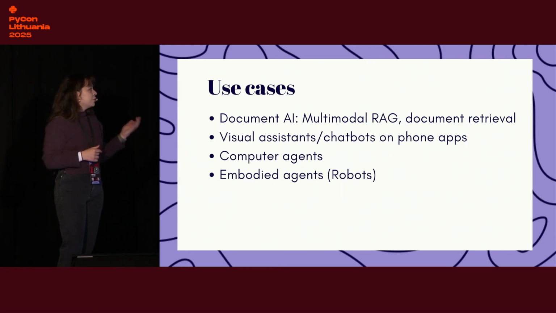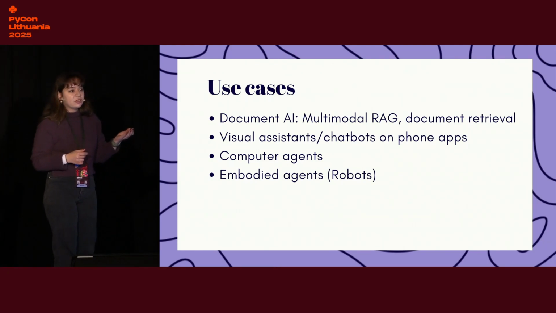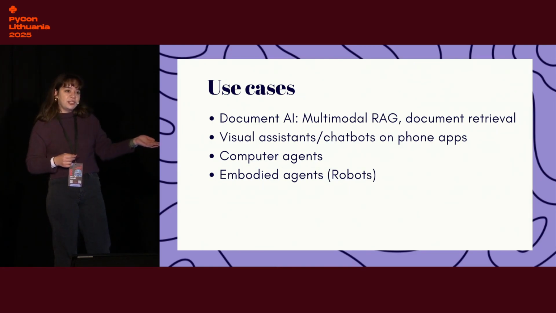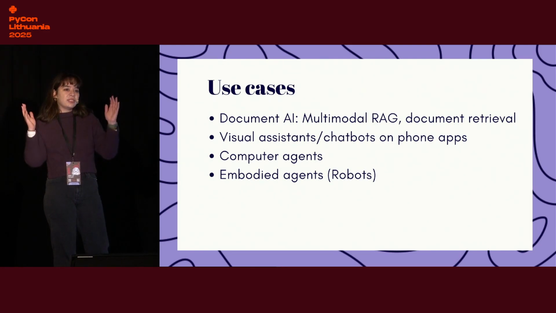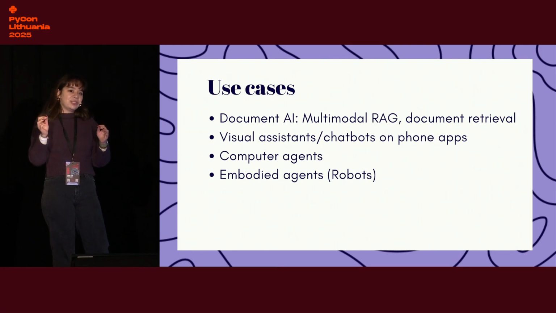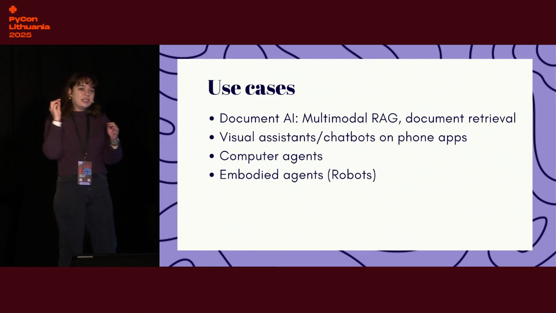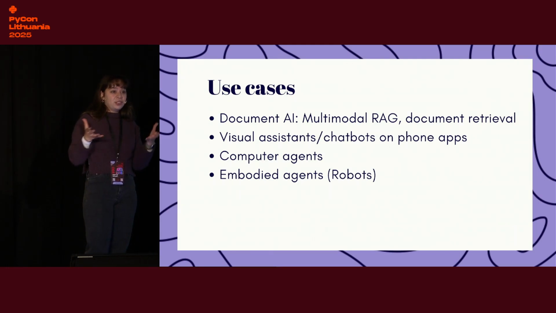You can have visual assistants, chatbots deployed in phone apps. You can have computer agents. If you have played with, for instance, Claude computer use, it was the most popular use, and the computer agents often operate over the screenshot, so it knows where to click and stuff, which means it requires vision, it requires image understanding.